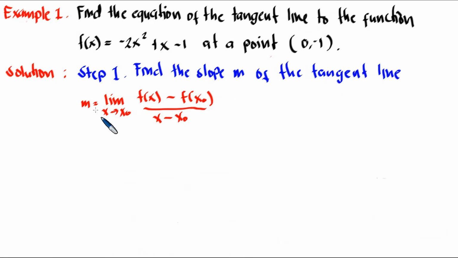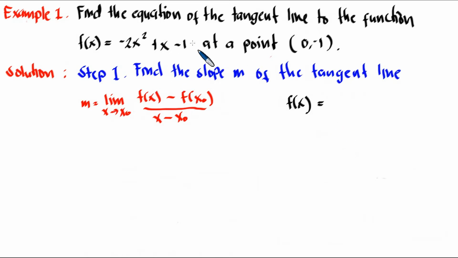That is m is equal to the limit of f of x minus f of x sub 0 all over x minus x sub 0 as x approaches 0. Now, from this formula for the slope, we know that f of x is just the given function.